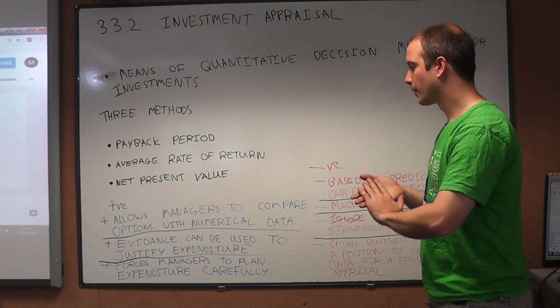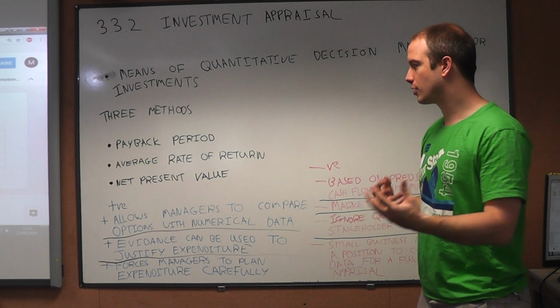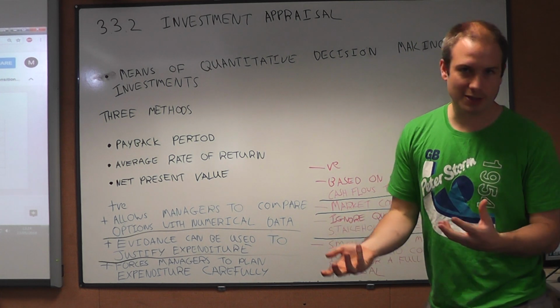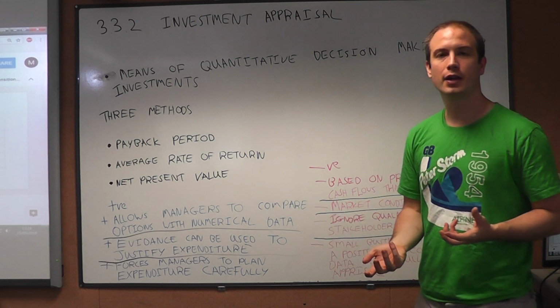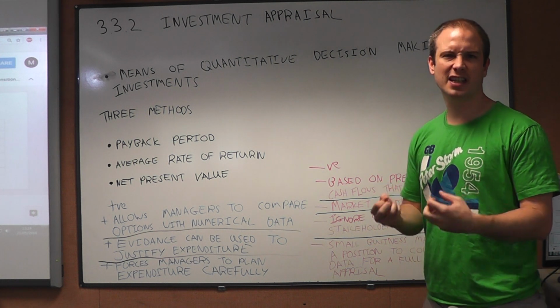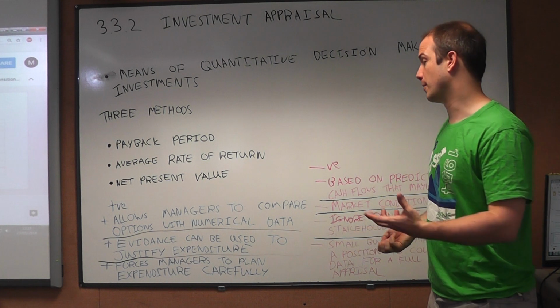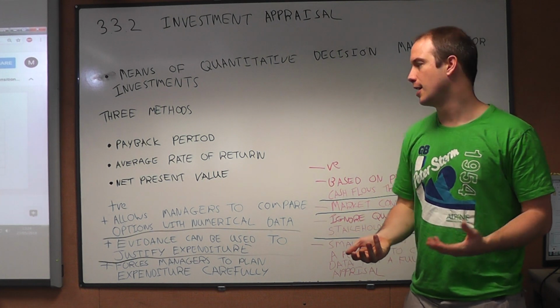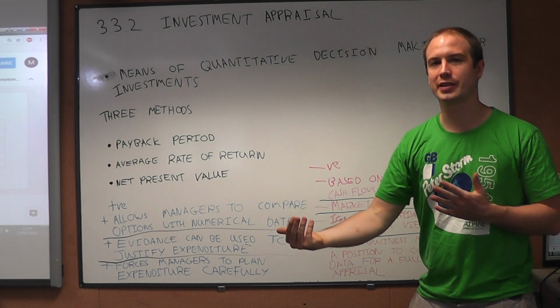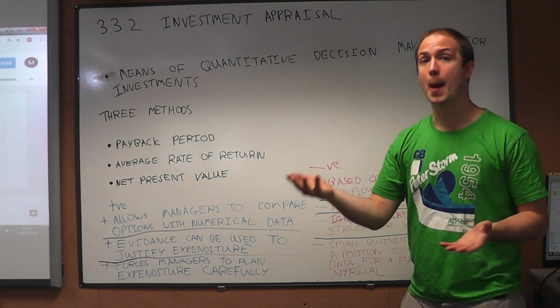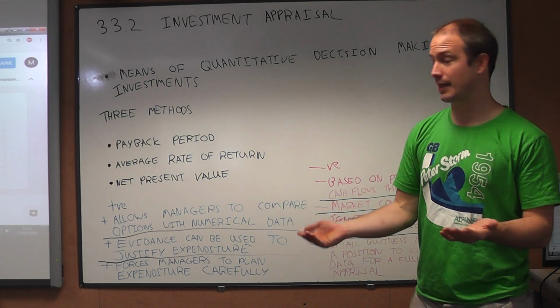If you've got figures, you can have a very obvious answer as to which is more effective. So it takes the feelings and emotions of managers out of the equation, as it were. So we can make direct comparisons: how long are these investments going to take to pay themselves back, and things like that.